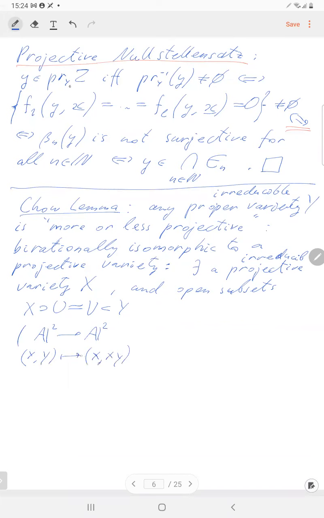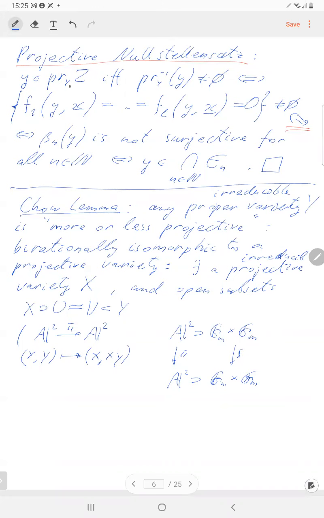And then inside the first copy of A2, I can take, say, the open subset G_m cross G_m, where none of the coordinates vanish, and inside the second copy of A2, I take the same open subset G_m times G_m, and then this morphism pi, when you restrict it to this open subset, is an isomorphism, clearly.